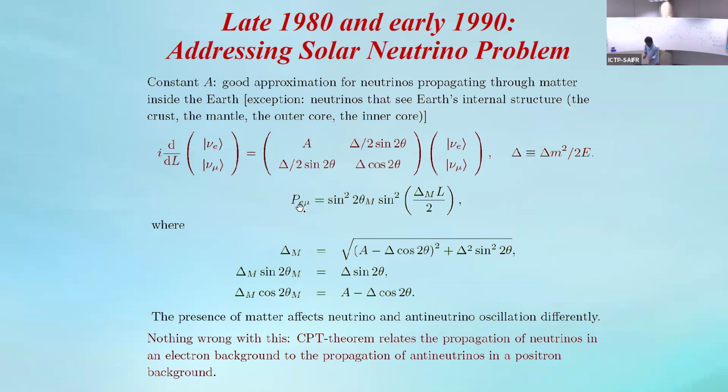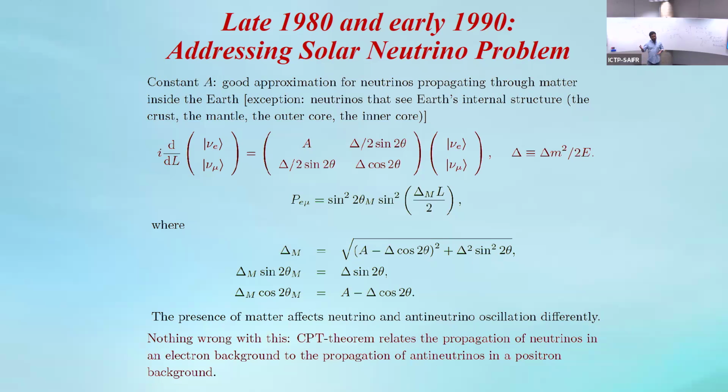You see the survival probability when I wrote it down in terms of the mass splitting and the angles. If you consider this matter potential, there will be a term, this A factor, which comes from the matter potential, square root of 2 G_F N_e, that will come into the picture.